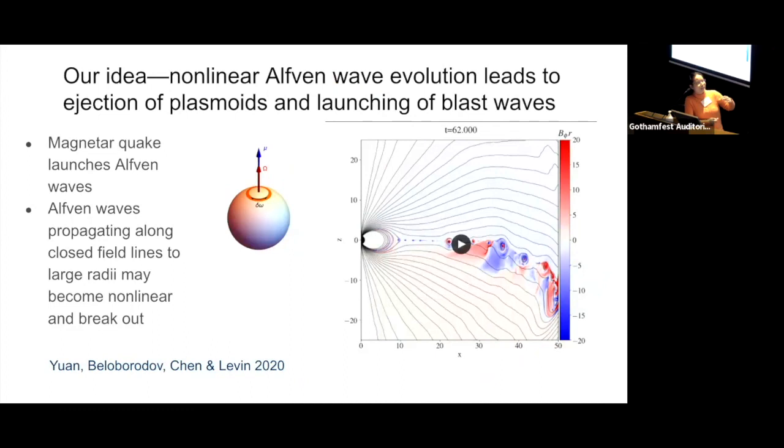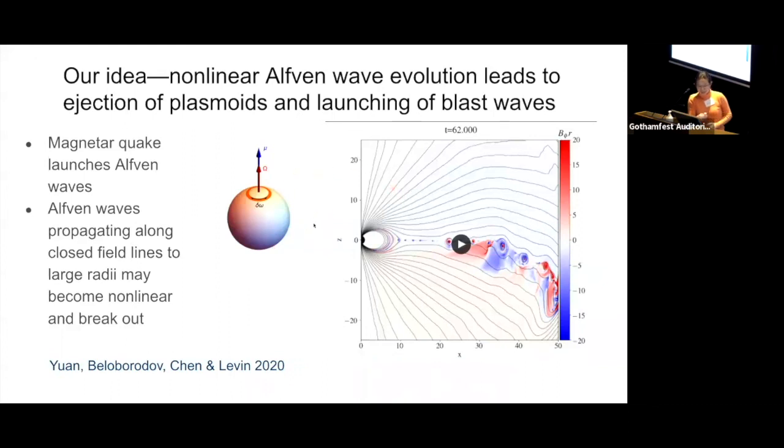So the crust will shake under the star quake, and that will shake the magnetic field lines anchored on this region. So if we shake this region, there will be plasma waves launched along these magnetic field lines. These are basically Alfvén waves. They are just like elastic waves when you pluck a string. So these waves will go out along the magnetic field lines to large distances.